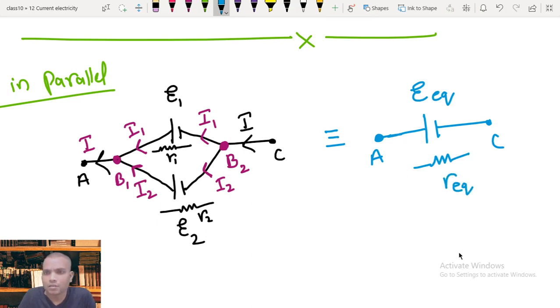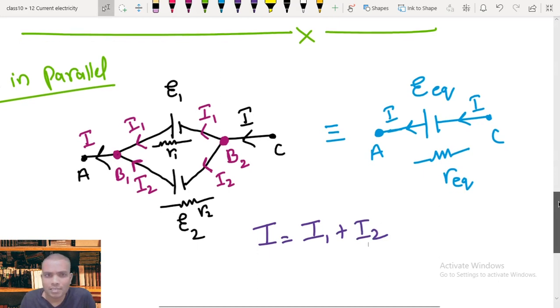The same current I flows through the two points A to C. Our task is to find the potential difference across the points A and C. A very important point is that the total current I equals the sum of the individual currents I1 plus I2.